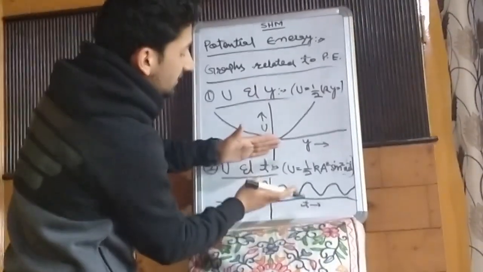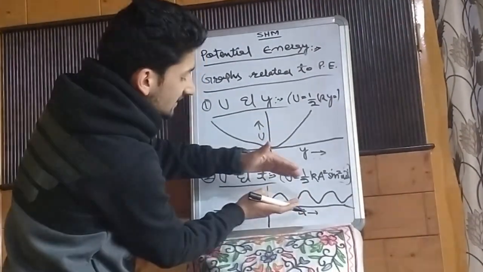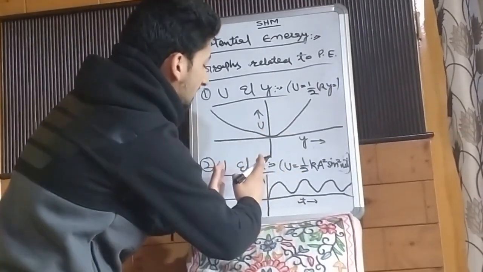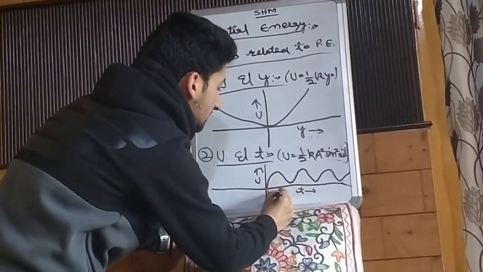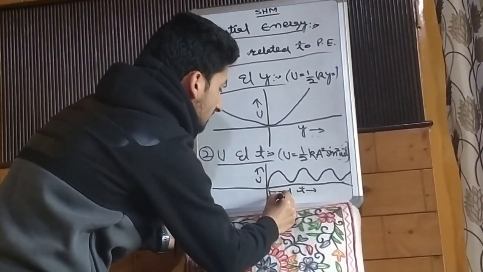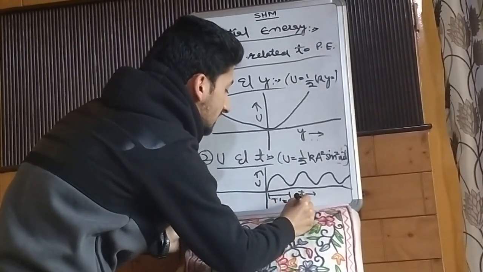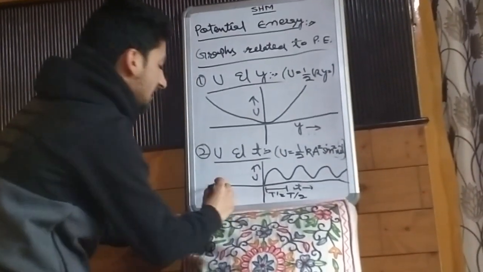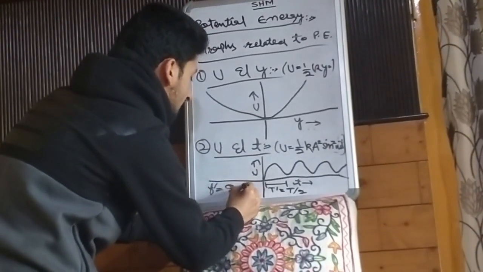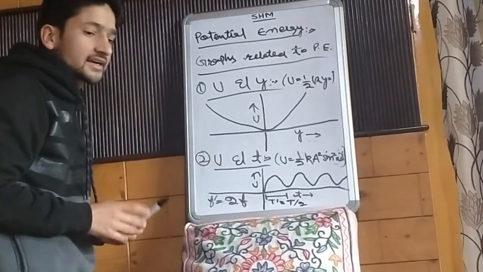Here we are taking the positive part of this graph. The graph starts from the positive x-axis and from the positive y-axis, and the time period for this will be T dash, which will be equal to T by 2, and the frequency, which is denoted by f dash, will be twice f, same as we have earlier discussed in the case of kinetic energy.